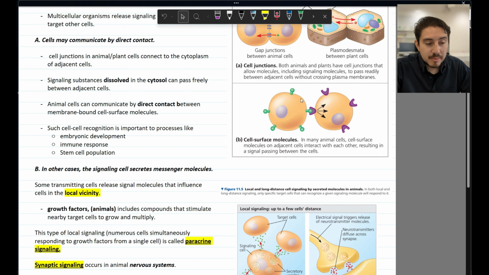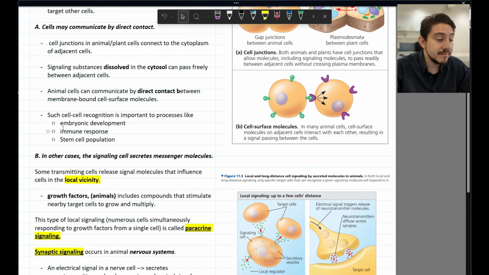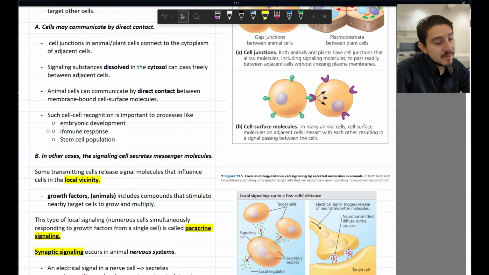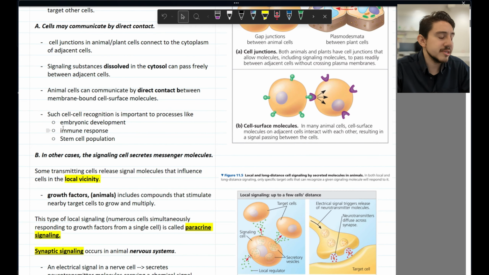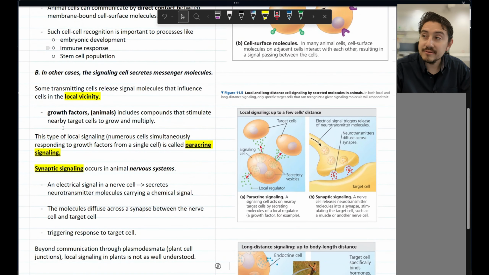So here you have an example where cell A has some type of surface molecule, it would directly contact cell B, having some receptor that will create a complex here that would enable an internal signaling pathway within the cell. Where do you see these types of things? In embryonic development, in an immune response, especially when we talk about the B and T cells and the different types of immune cells. Stem cell populations also have this behavior.